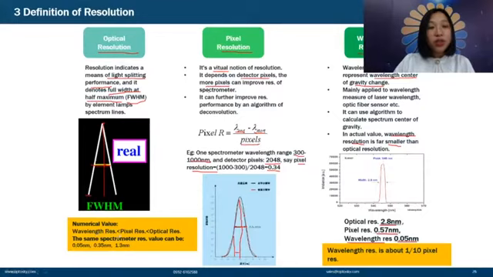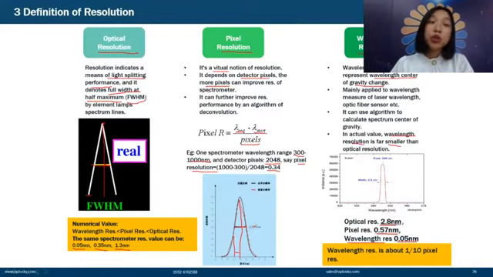So the wavelength resolution value is smaller than the pixel resolution and smaller than the optical resolution. So this resolution can be 0.05, 0.35 and 1.3 nanometers. That's why we have to emphasize the resolution.